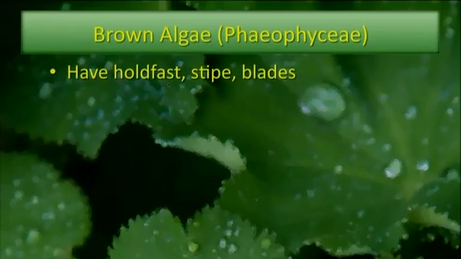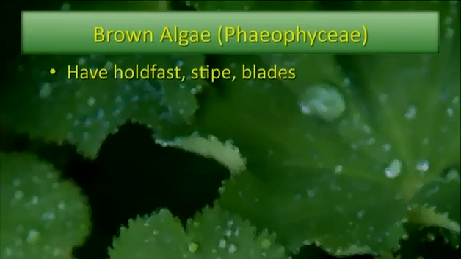It helps to hold the seaweed to the rocks even under very harsh conditions, so it can't be ripped out very easily. The stipe is oftentimes hollow with a meristem at the base or at the blade junctions. It's almost like a stem. And the blades are almost like leaves, but they're not. They're not like root, stem, and leaf, but they're analogous to them.